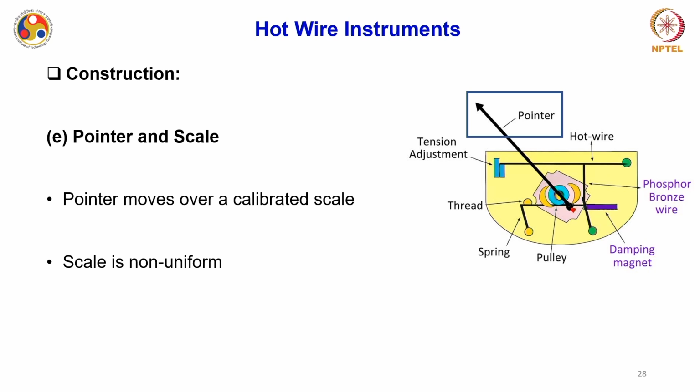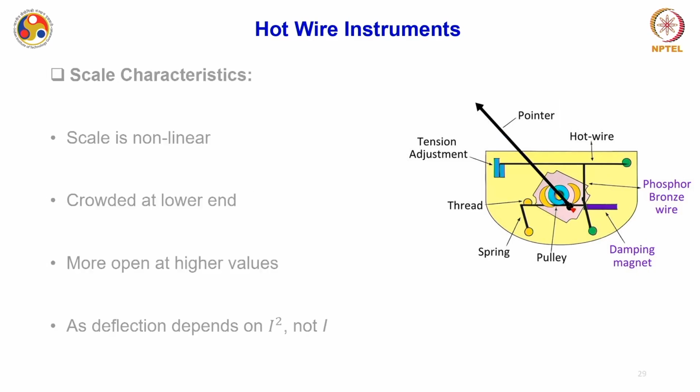So, the pointer and scale system is very simple. The pointer moves over a calibrated scale, and the scale in turn is a non-uniform scale, because the current is directly proportional to I square rather than being proportional to I. So, the scale characteristics are very simple.